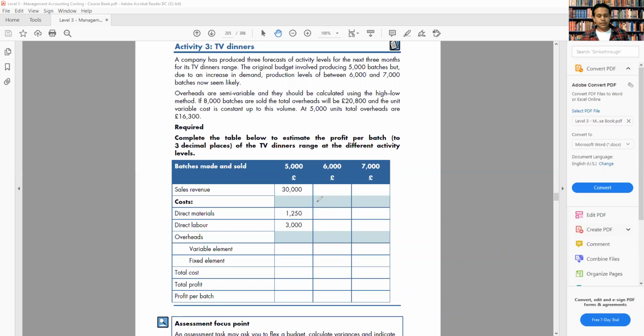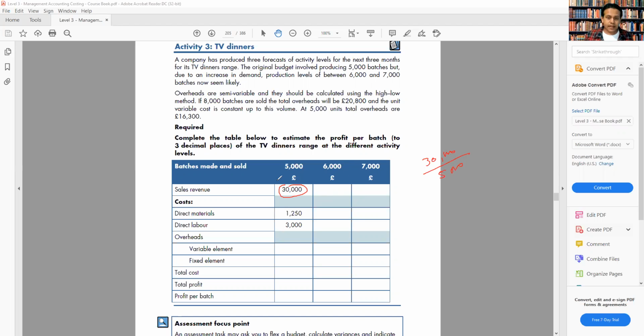First, we do the sales revenue. Can you do it together a little bit fast so we can finish this question. Sales revenue 300,000. The same way, we need to divide by 5,000 times 6,000. That will give me the sales revenue for 6,000 units, isn't it? So I said 30,000 is the sales for 5,000 units.